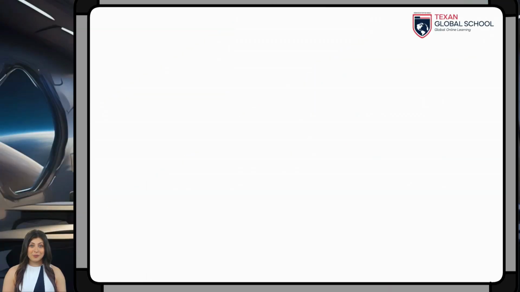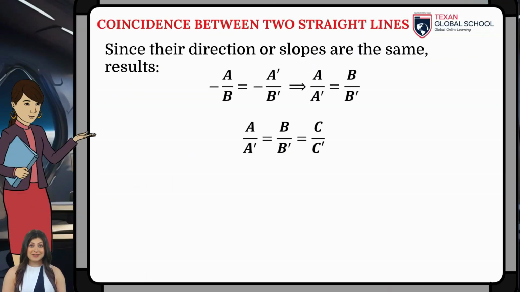Likewise, since their direction or their slopes are equal, we can also use equal value to the slopes obtaining a/a' equals b/b'. In this way, two straight lines coincide if their corresponding coefficients are proportional.